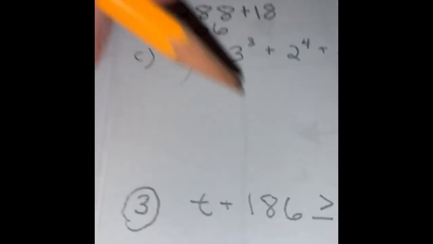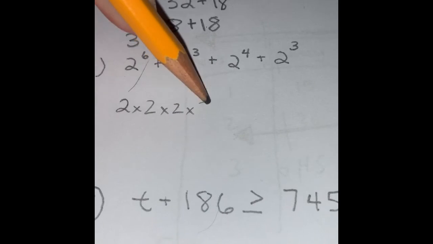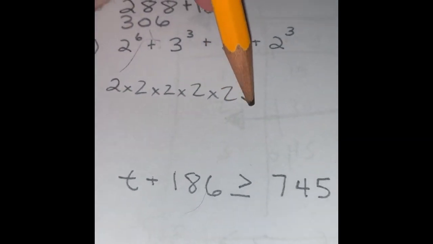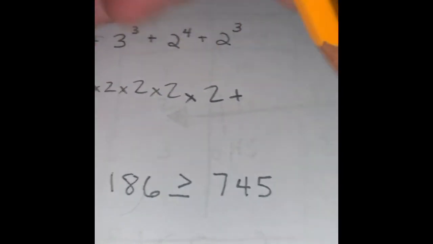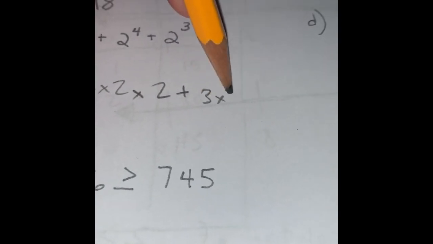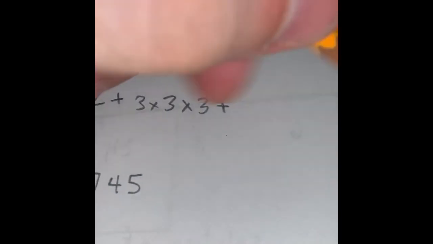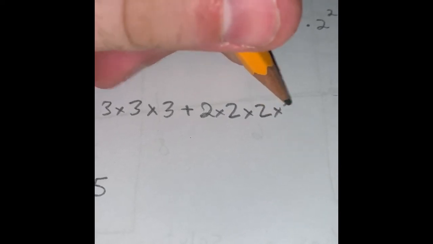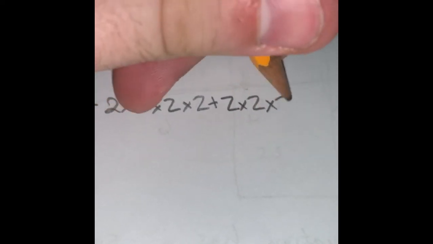So once again, this one is saying 2 times 2 times 2 times 2 times 2, 1, 2, 3, 4, 5, times 2, plus, now once again, this isn't 3 times 3, this is 3 times 3 times 3, plus, this isn't 2 times 4, this is 2 times 2 times 2 times 2, and this isn't 2 times 3, this is 2 times 2 times 2.